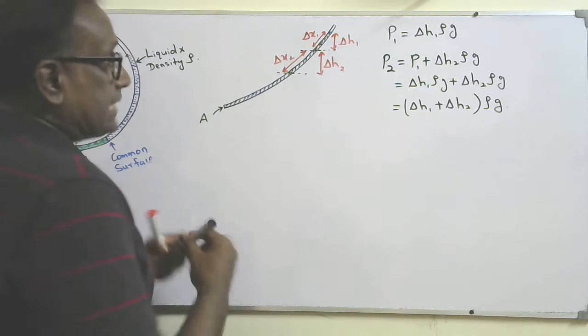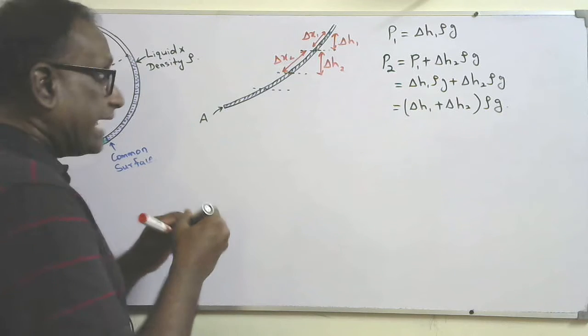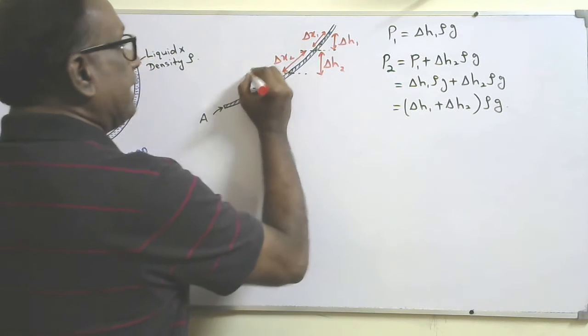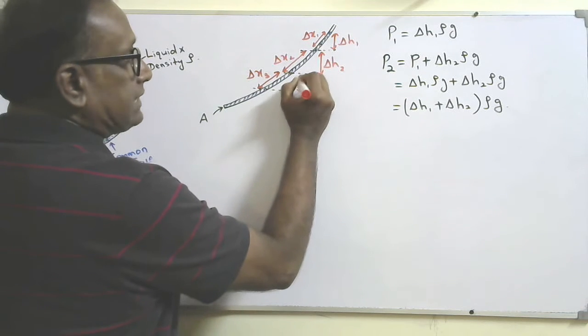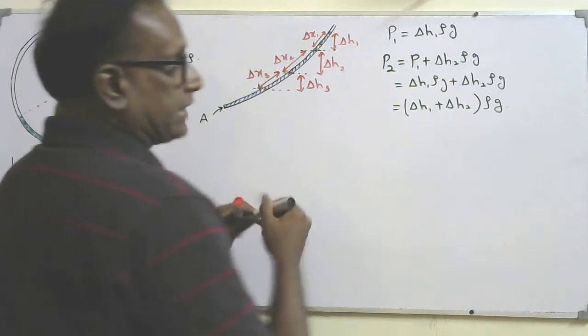Okay, what is the pressure here? Again, consider a tiny length delta X3 here. So this height will be delta H3. Same way, I don't need to explain again.